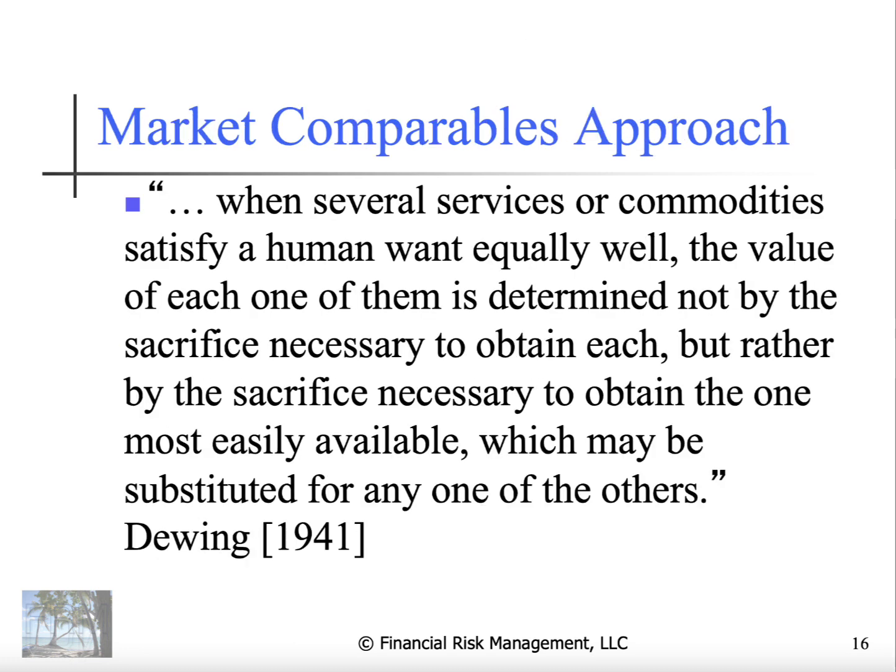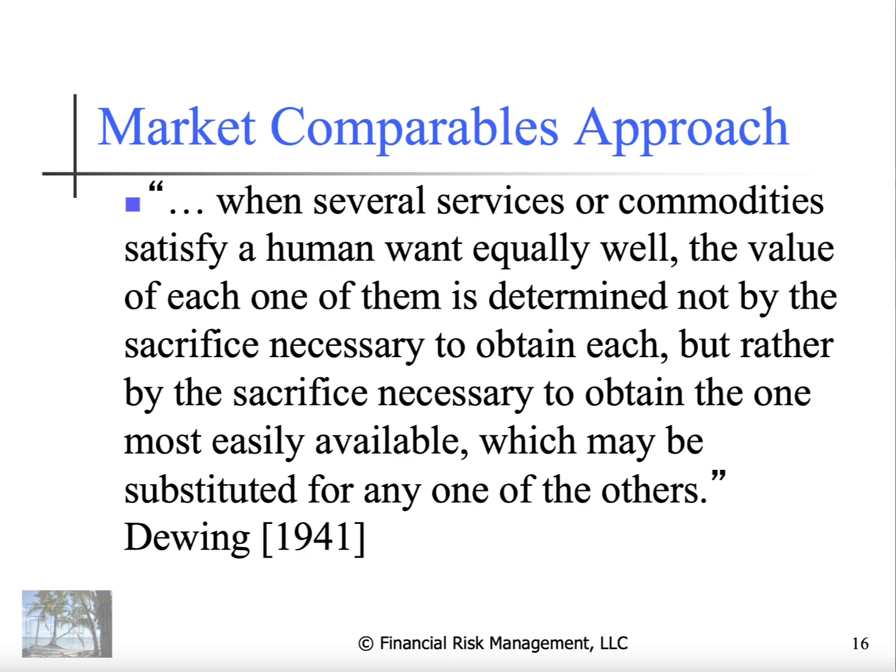The market comparables approach, where we focus here, Dewing noted that when several services or commodities satisfy a human want equally well, the value of each one of them is determined not by the sacrifice necessary to obtain each, but rather by the sacrifice necessary to obtain the one most easily available, which may be substituted for any one of the others.